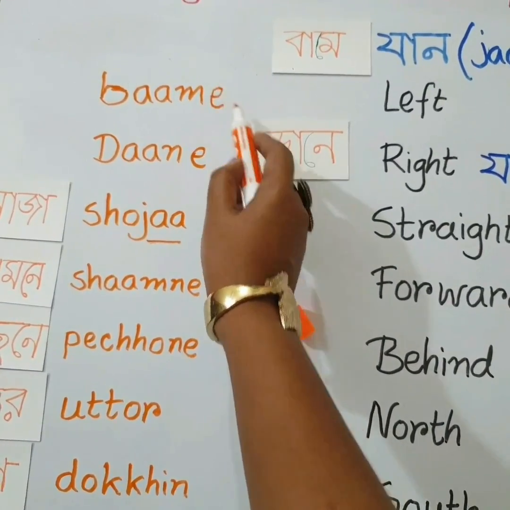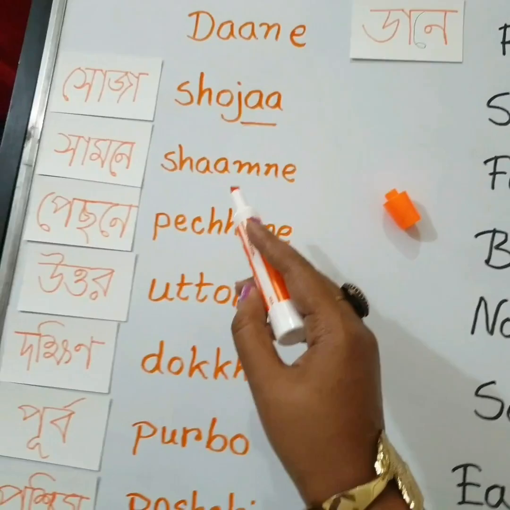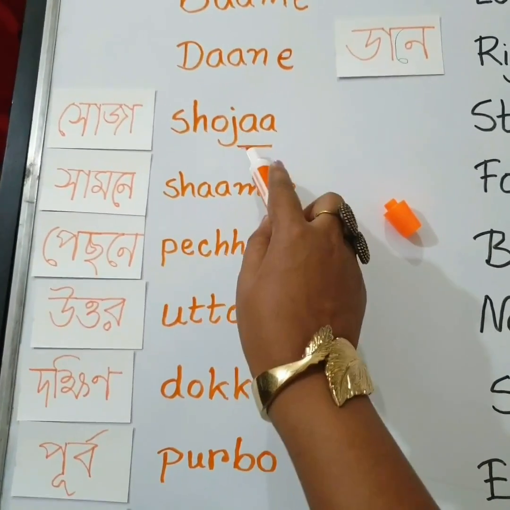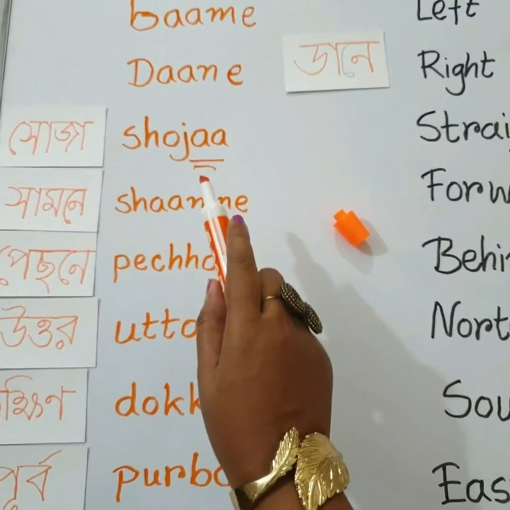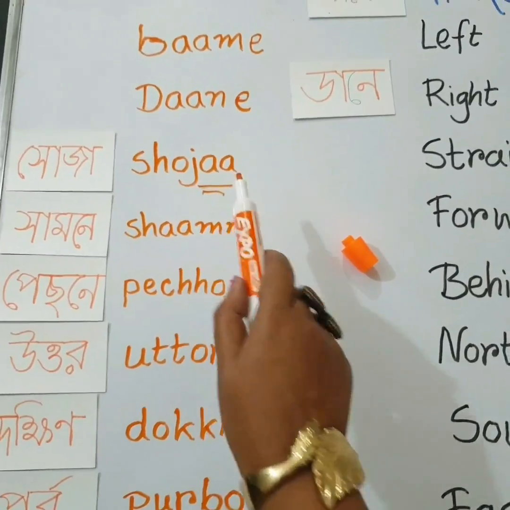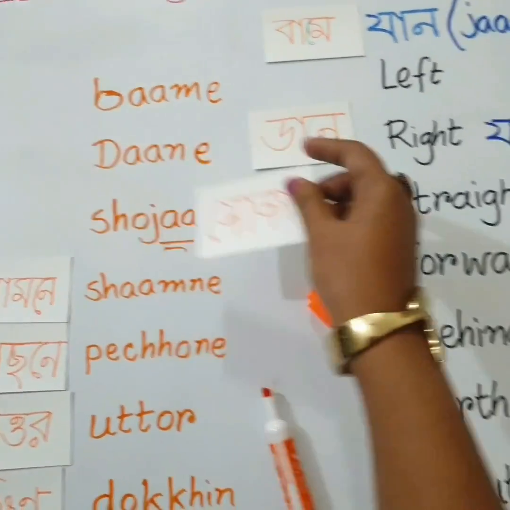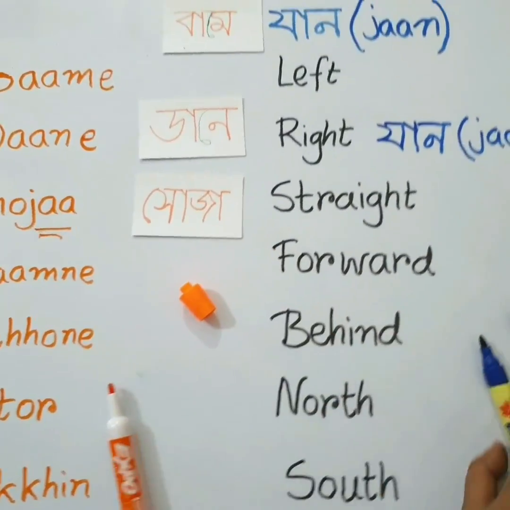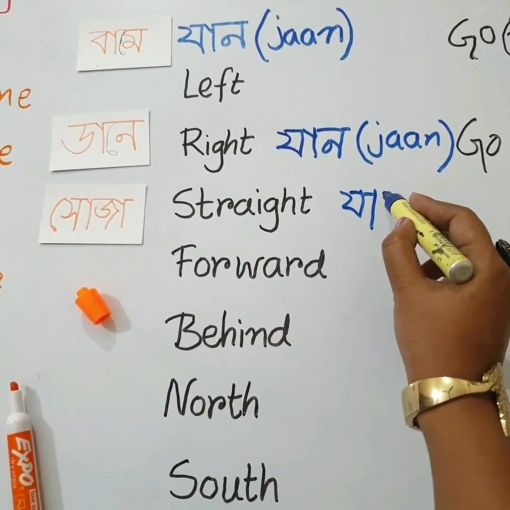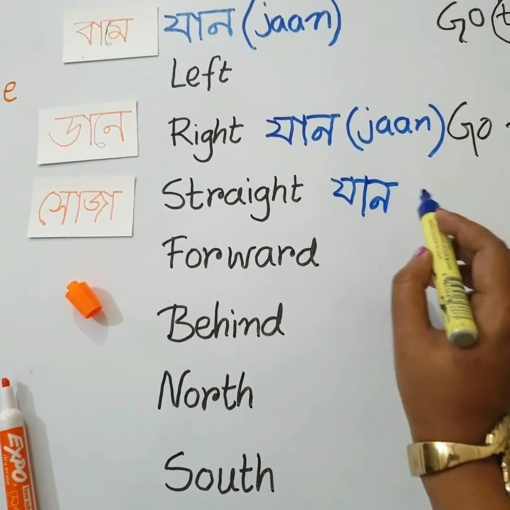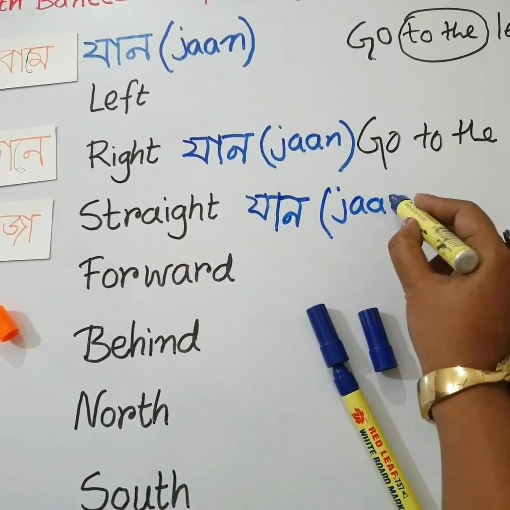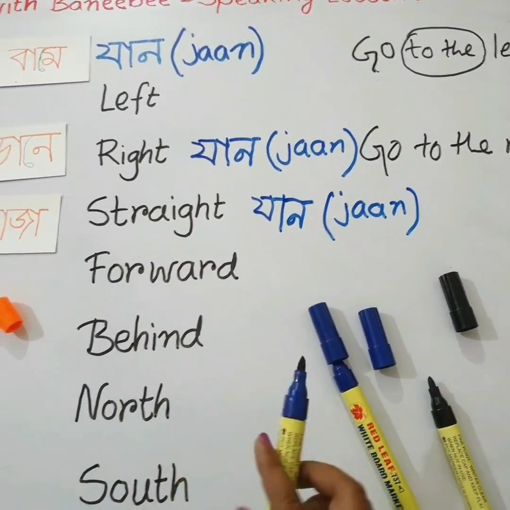That's why we could add the a with it. But here, this word ends with a vowel sound. So for this, the good news is we don't need to add anything. We'll just use the word. So shoja jaan.